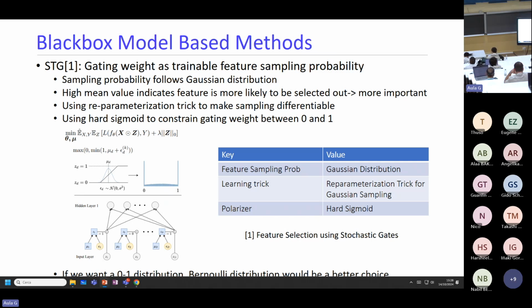Features selected with higher probability are more important. But the difficulty here is that they cannot train the sampling behavior because it is non-differentiable. So they use the reparameterization trick to make the sampling behavior differentiable. They also use a hard sigmoid to constrain the gating weight between 0 and 1. Otherwise, this gating weight may become really large or really small.